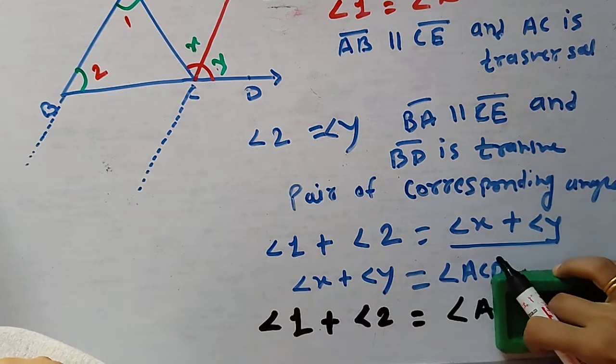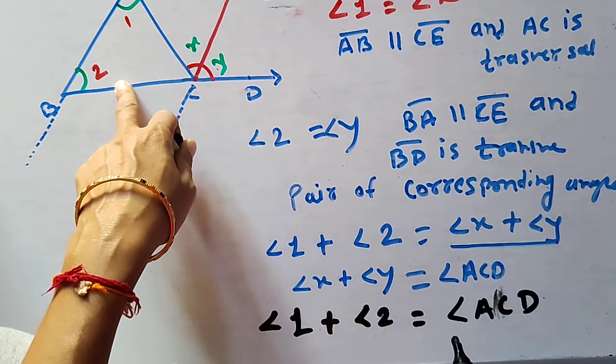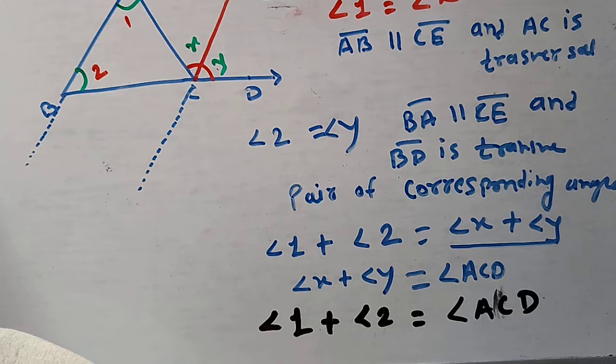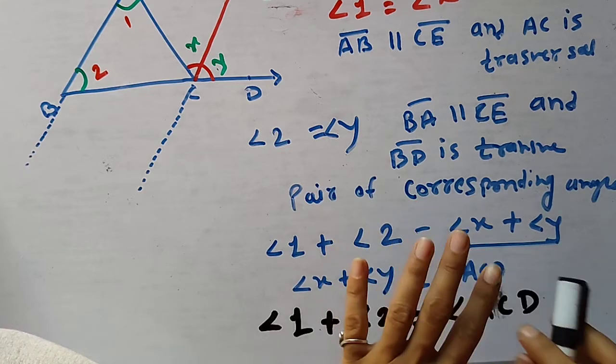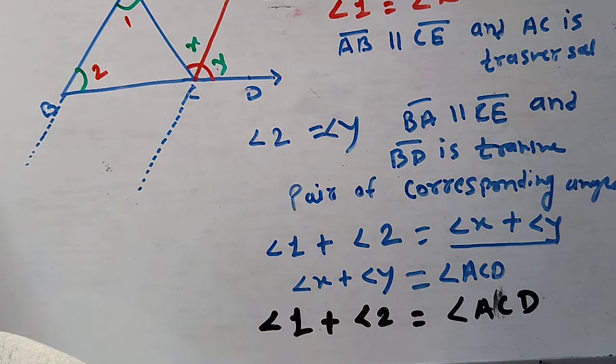We proved that angle 1 plus 2 gives the exterior angle, and this is known as the exterior angle property of a triangle.